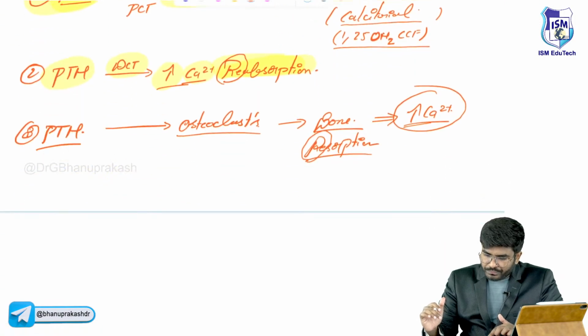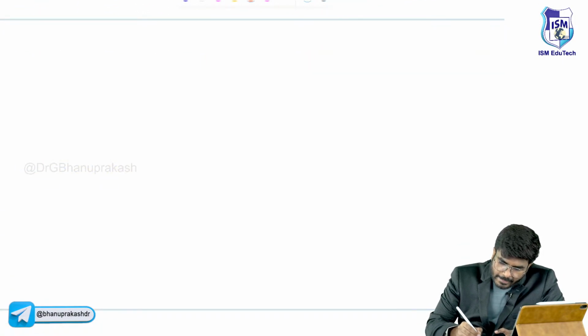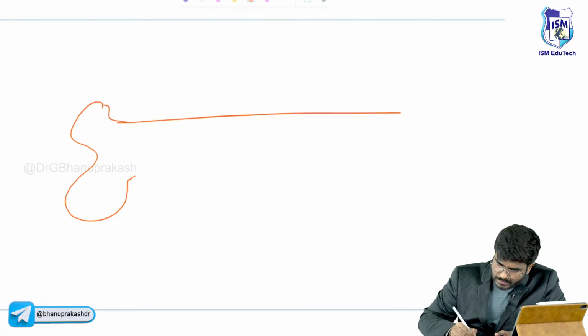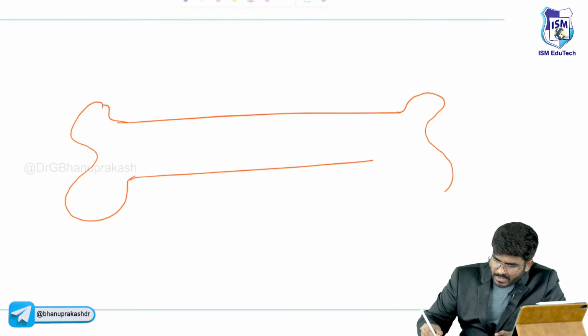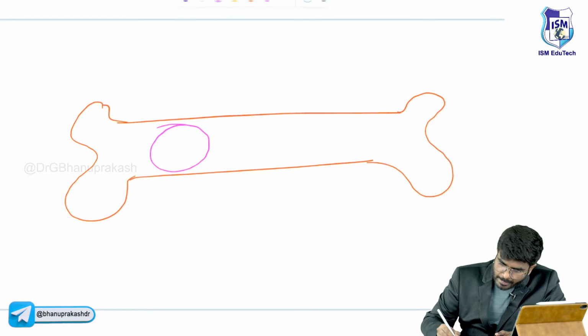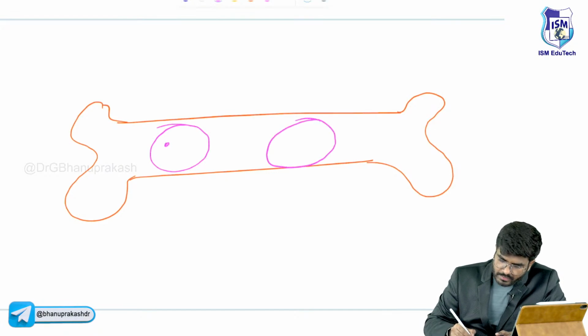Now here I want you to know one important point. Look guys, this is your bone. Nice and beautiful bone. Inside the bone there are two fellows present, two types of cells. One is looking like a good guy, but later you will understand he is the real villain.